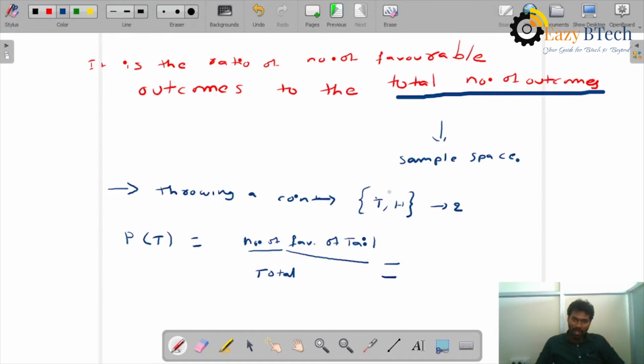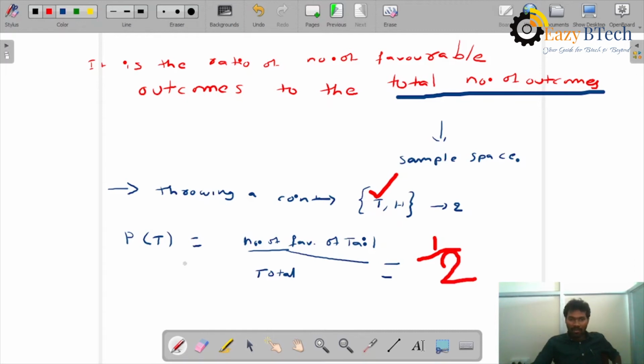Tail is only one out of two, so in the numerator you have 1, and in the denominator the total number of outcomes is T and H, that means 2. So 1 by 2 is my probability of getting a tail.